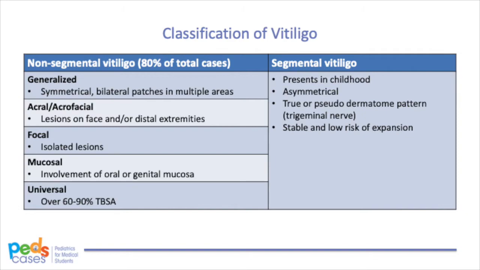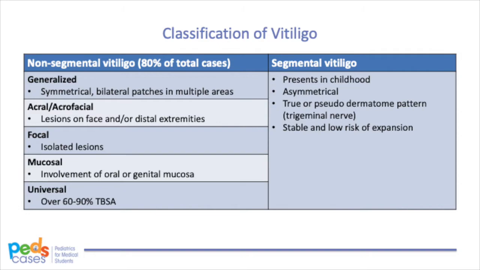Number 3. Focal vitiligo refers to isolated area of skin depigmentation. Number 4. Mucosal vitiligo indicates an involvement of the oral or genital mucosa. Number 5. Universal vitiligo defines cases in which there is almost complete depigmentation of over 60 to 90% of the body.